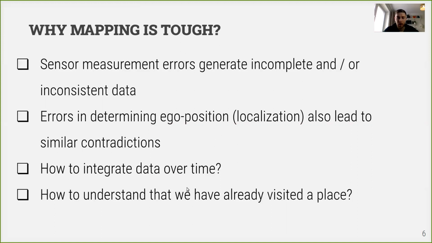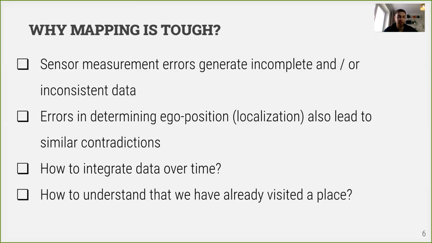Also, there is a problem of how to integrate data over time. Imagine we have thousands of measurements with our lidar or camera, and these measurements are performed over a time interval. Within this time interval, something can change, and we have to integrate it over time somehow. There is also a separate small problem in mapping called loop closing. This problem is about understanding that we already visited the same place.